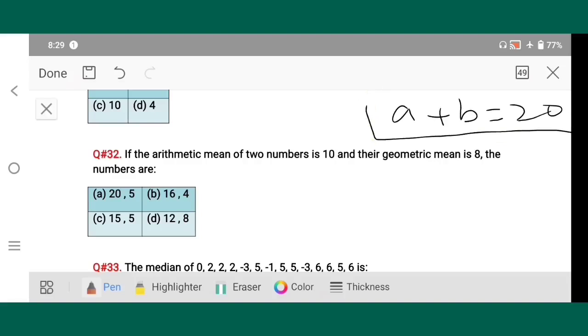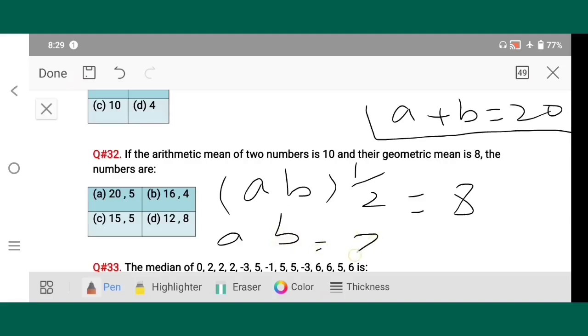And the geometric mean is 8. So the square root of a times b is equal to 8, so ab is equal to 8 raised to the power 2, which gives 64.